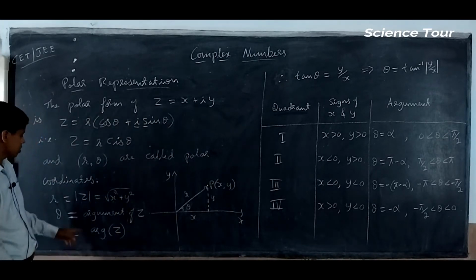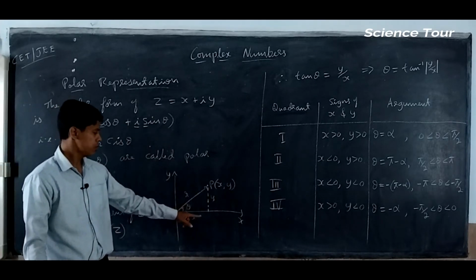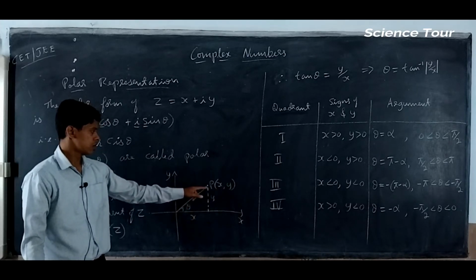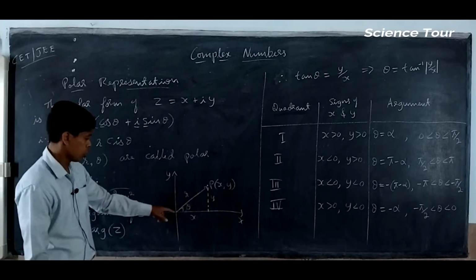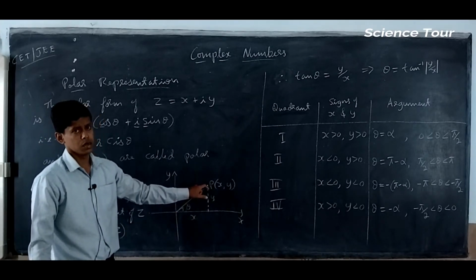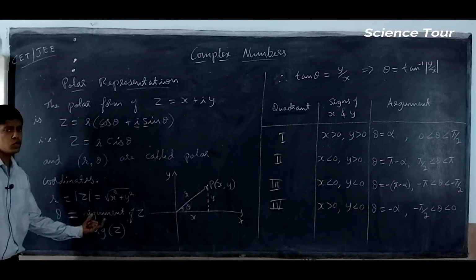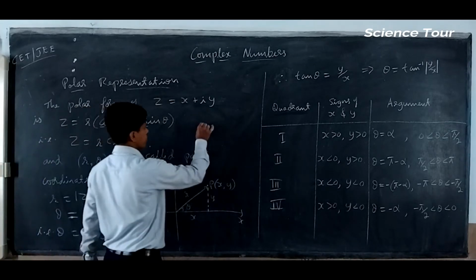And what is the angle here? Theta is the angle between the positive x axis and the line joining the origin and the point which represents the complex number z, and it has two names. One is argument, and it is also called amplitude.